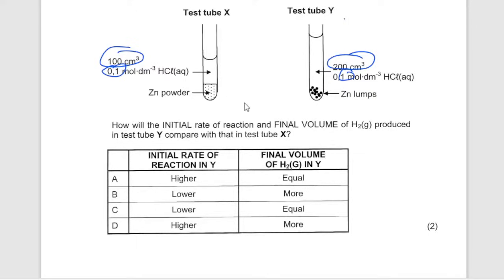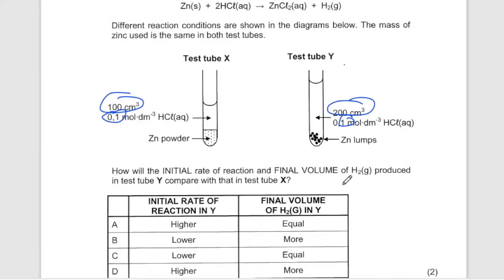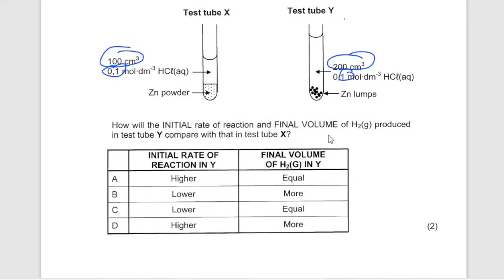So if you look at test tube Y, the initial rate of reaction in Y, and then the volume of hydrogen in Y. So in here we shall see that we're going to have more of Y, and then the initial rate of reaction in Y.